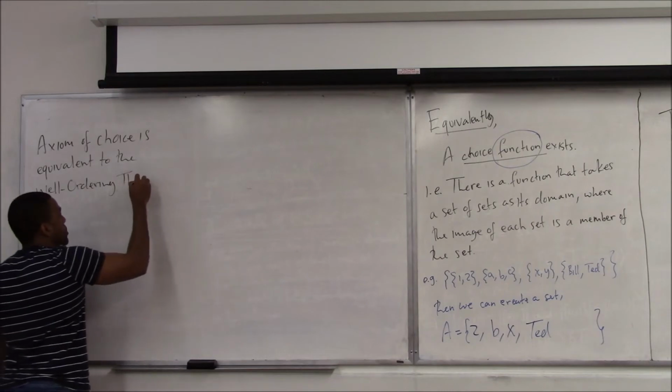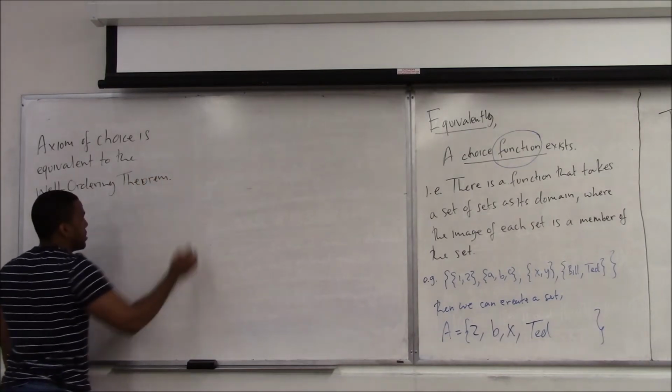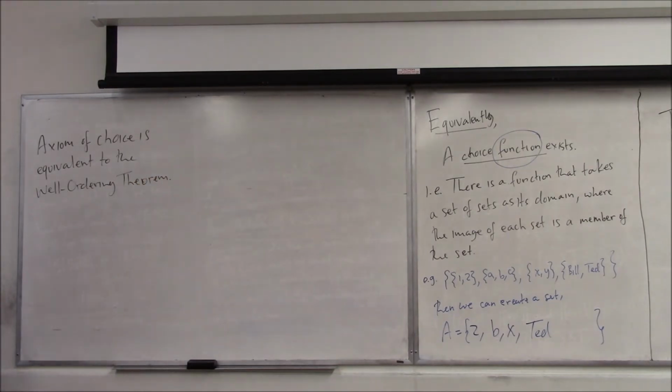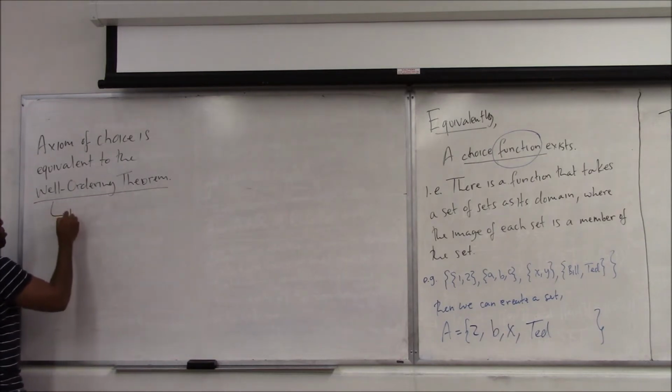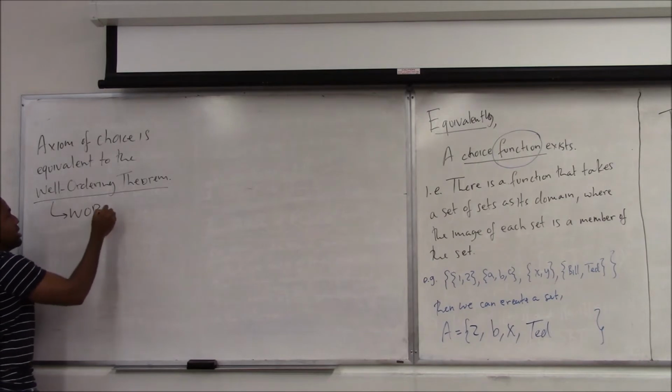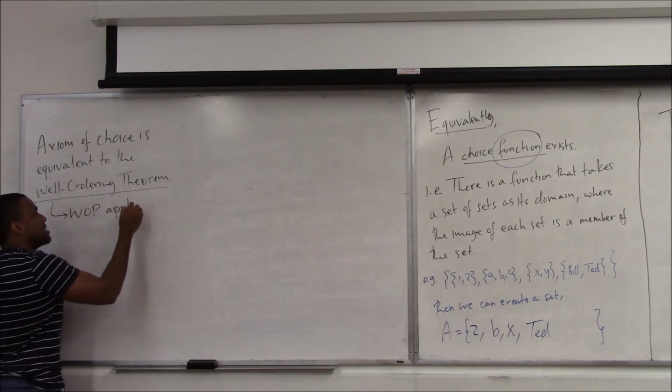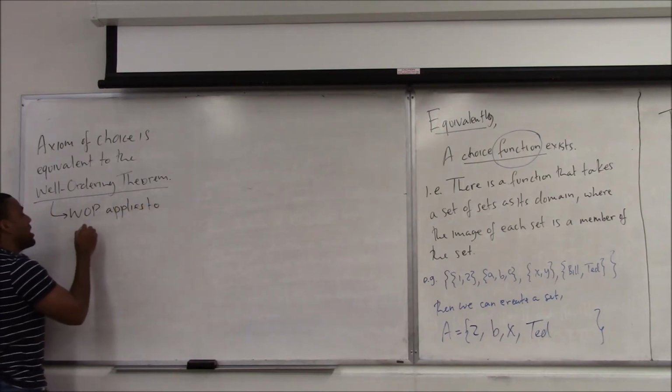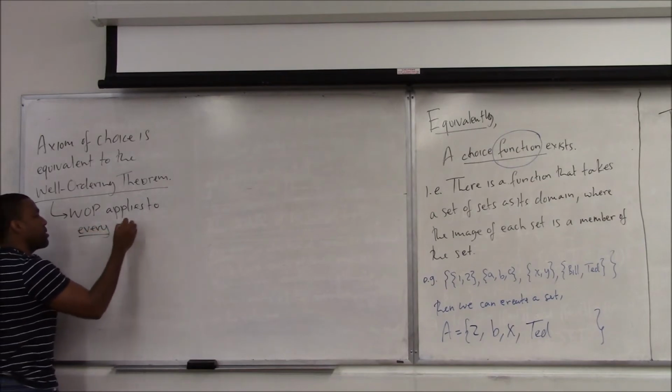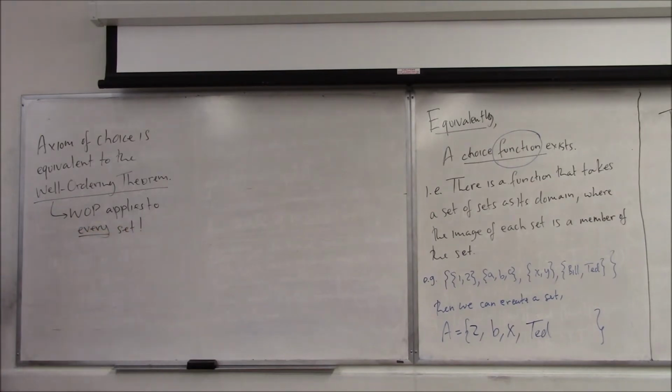Now remember the well-ordering principle that we had for the natural numbers? Right? Every subset of the natural numbers has a least element. Right? The well-ordering theorem takes the well-ordering principle, puts it on steroids, and says, you know what? Applies to every set. Right?